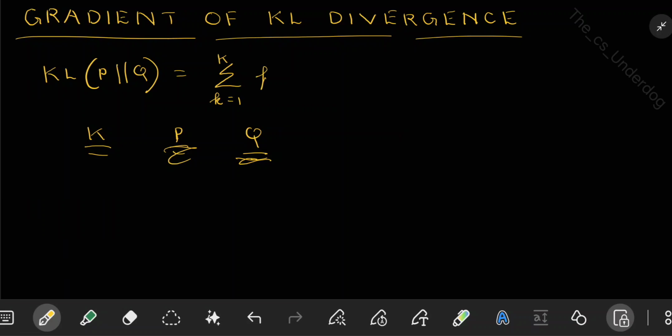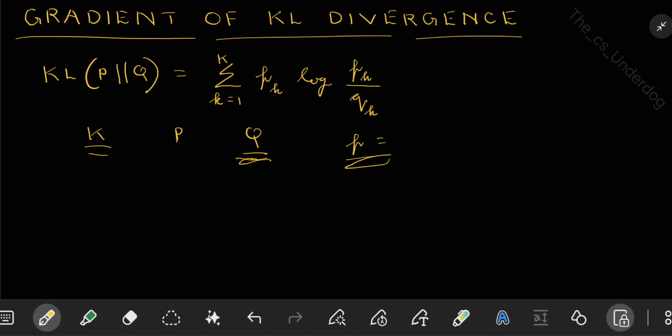pk log pk by qk. What are these small p's and small q's? Small p is the true label. Let us say you have the actual true distribution P. From that, for this particular example, here we are taking one example, what is the true label?